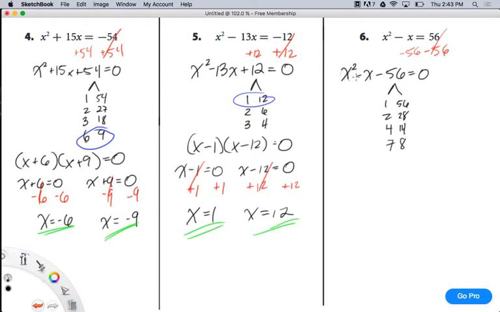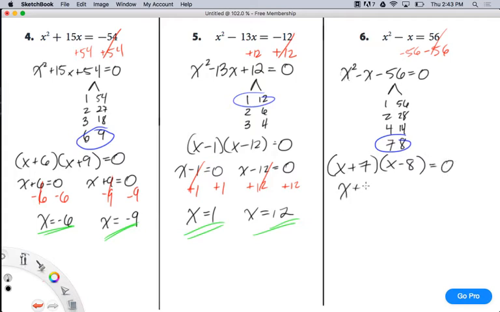This is negative, so they're opposite signs. So I find the difference to make negative 1, and that's definitely 7 and 8. The bigger one is negative. So it's x plus 7 times x minus 8 equals 0. 7 minus 8 is negative 1.